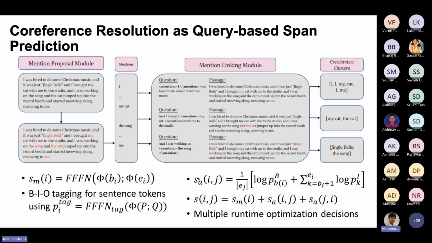So you give an input text, and there is a mention proposal module, which can be a neural network, which highlights the different mentions which are there in this text. Earlier, what we were saying is that you identify all spans, and you eliminate some of them based on length or their part of speech or other things.